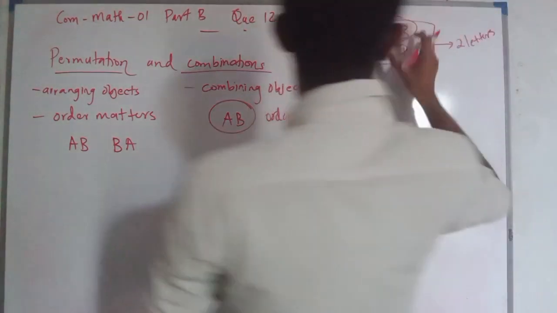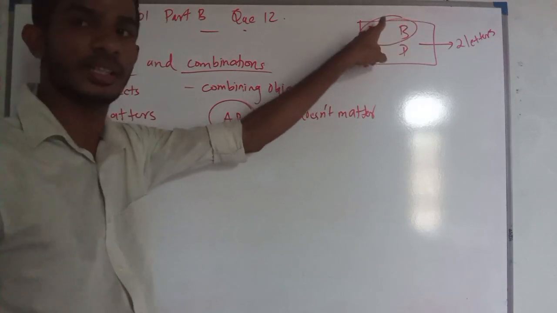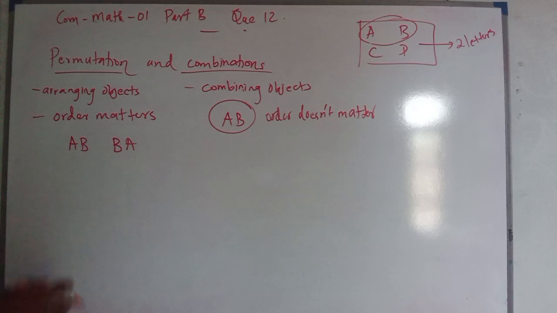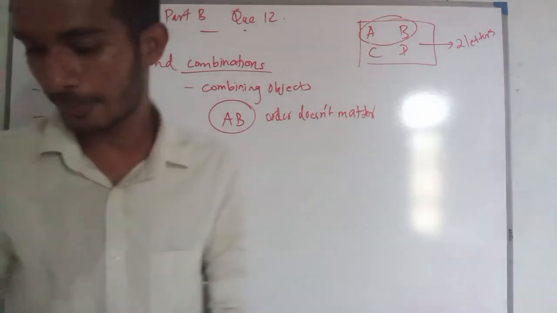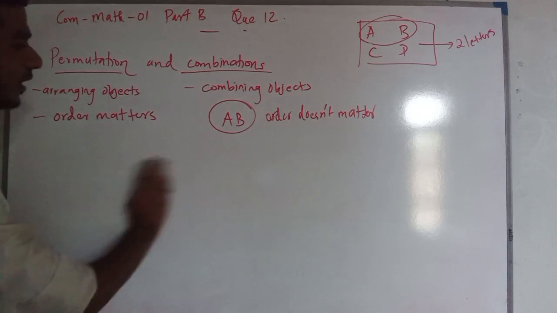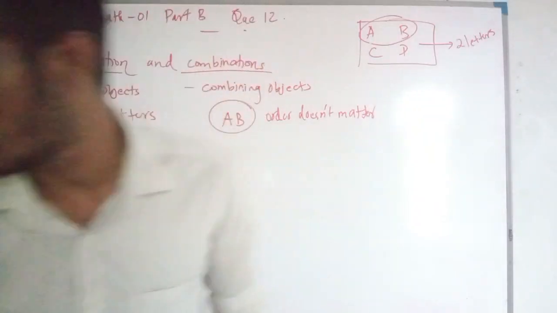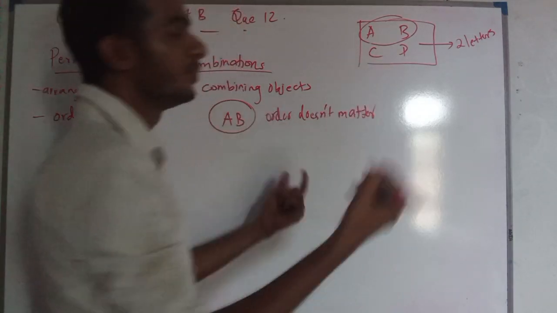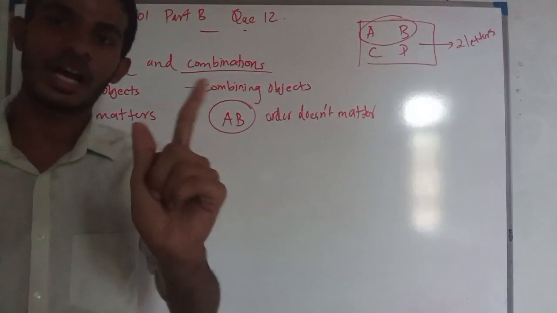Now, if I take 2 letters from these 4 letters, I am going to write down the possible permutations. Before that, we have formulas also. Let's say we have n objects in a group and we have to select r objects.